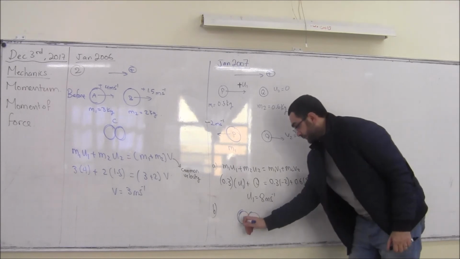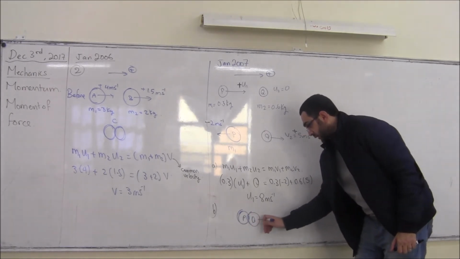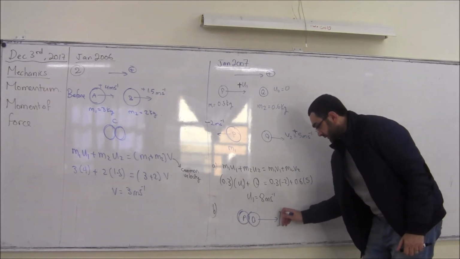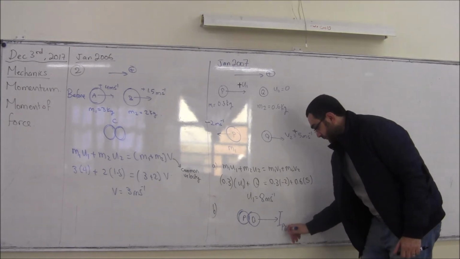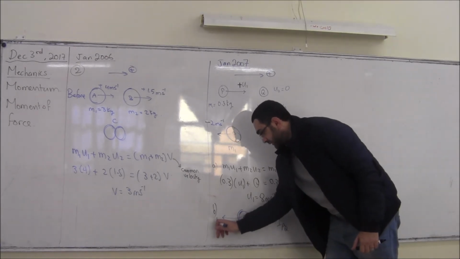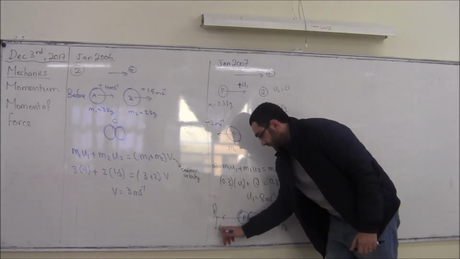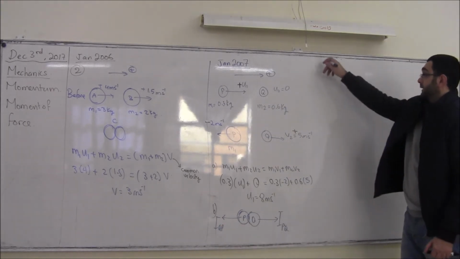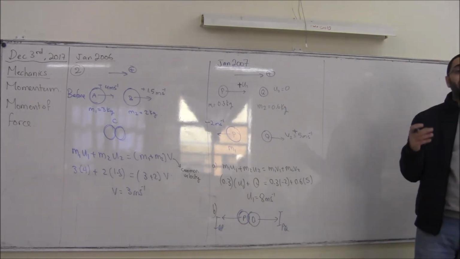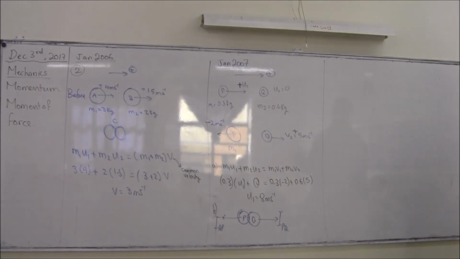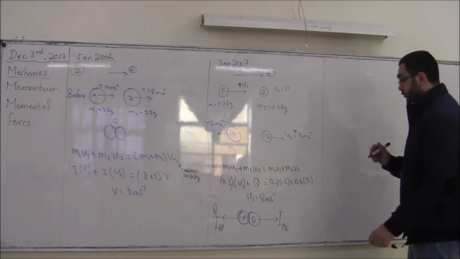This is P. This is Q. This will be the impulse of P on Q. This will be the impulse of Q on P. We are asked about the magnitude of the impulse. So if we find P on Q or Q on P, it is the same, right? The magnitude would be the same.